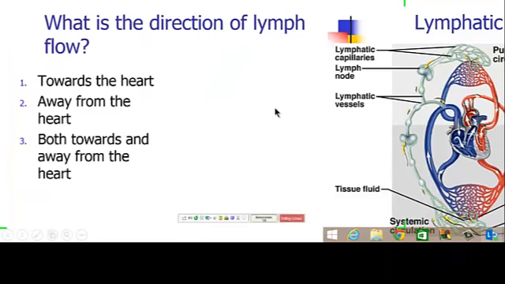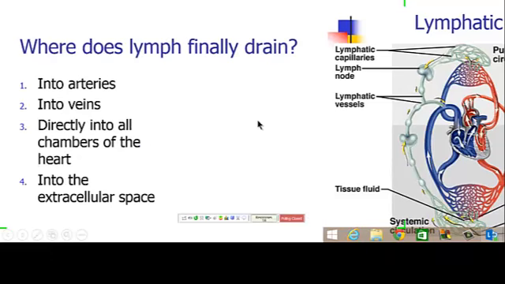Which means that next question, and we should all get this right: where does lymph finally drain? If you looked at that image carefully, you would know.